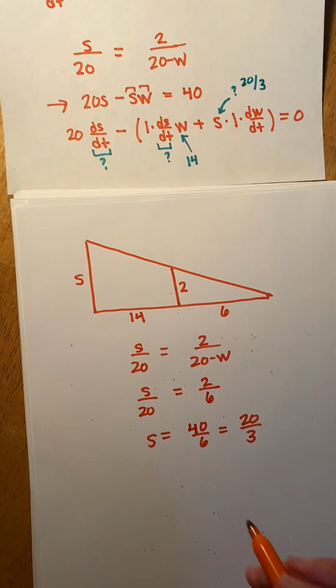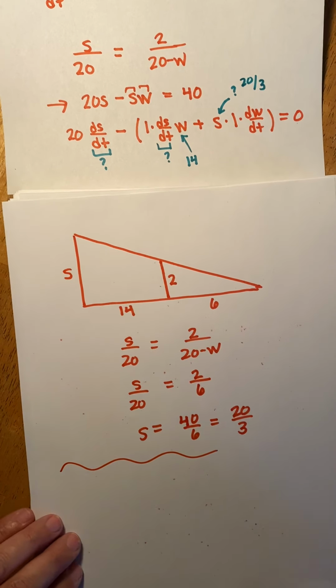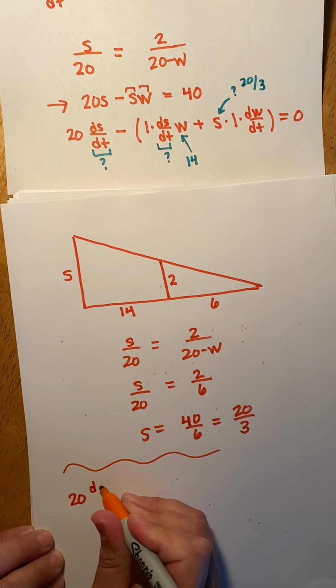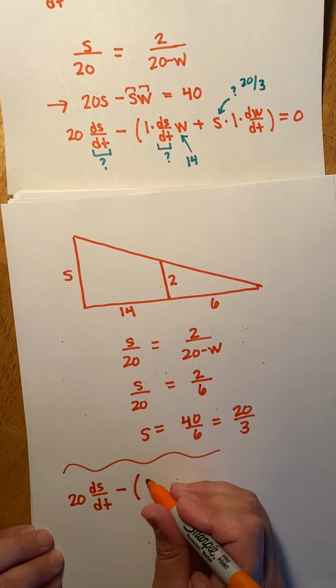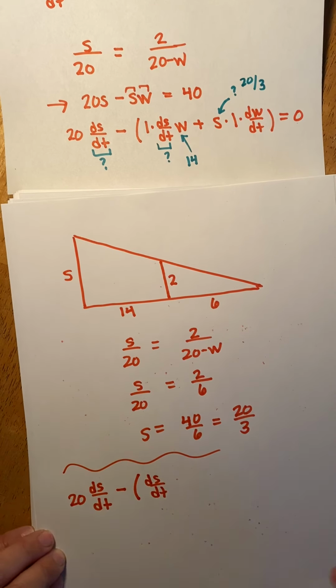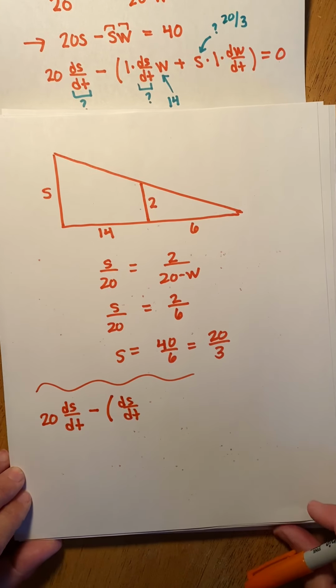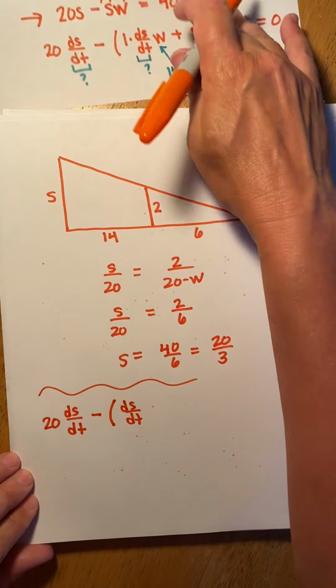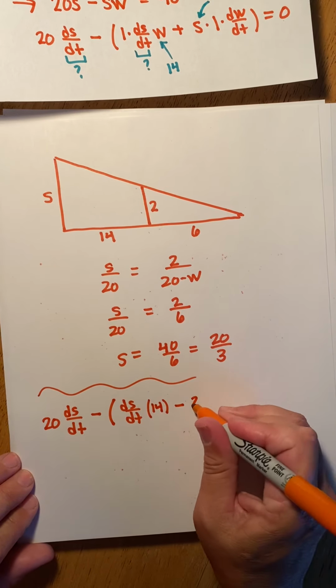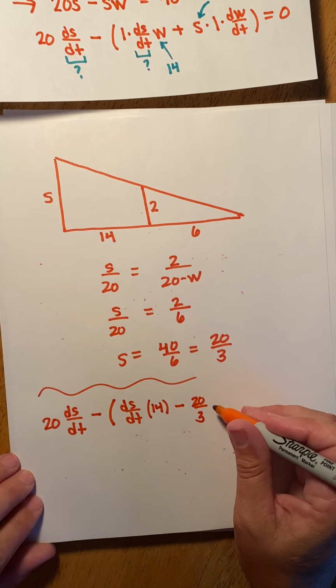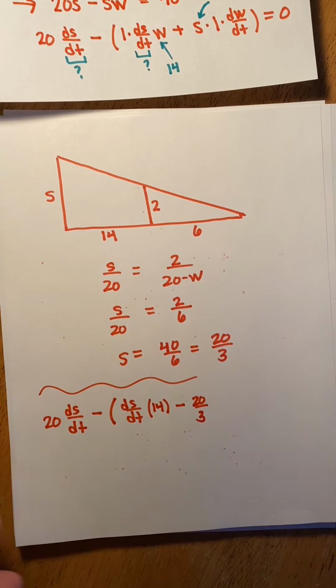And let's plug it all in. We have 20 dS/dt minus dS/dt times 14 minus 20 over 3. Now we know dW/dt, so I forgot to write that on here.